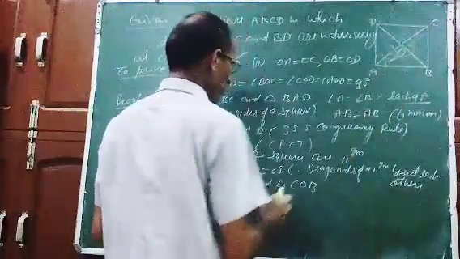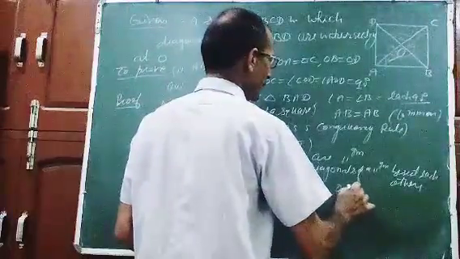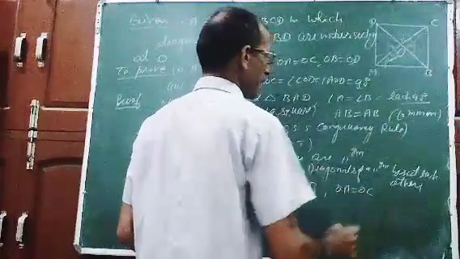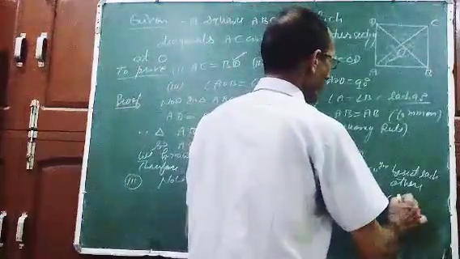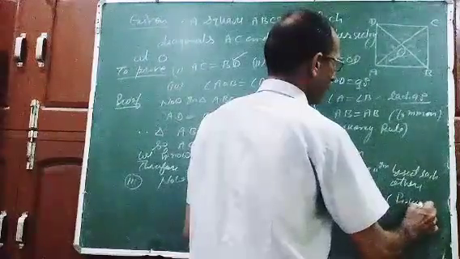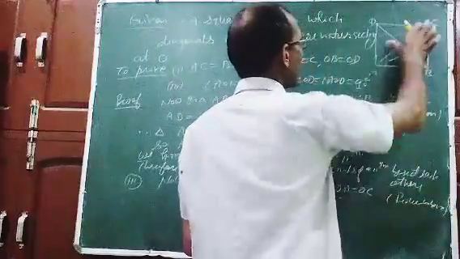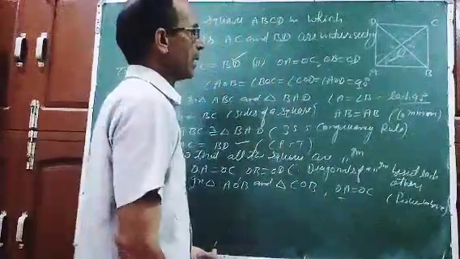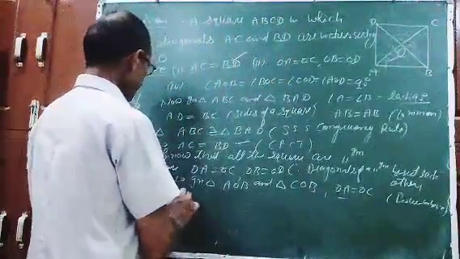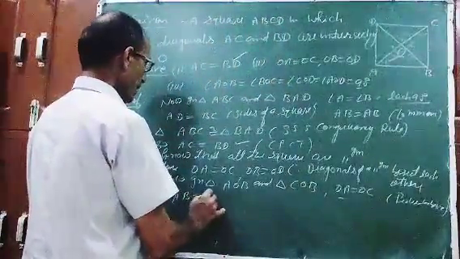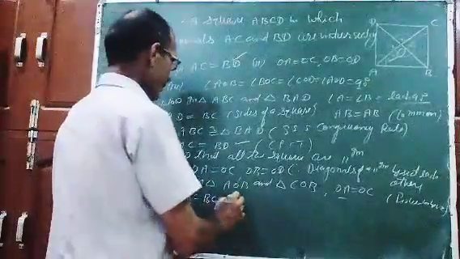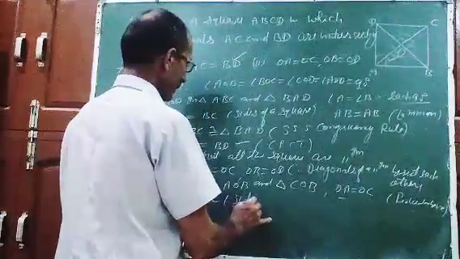OA is equal to OC. I proved OA is equal to OC. So the reason will be proved above, because we just proved OA is equal to OC. AB is equal to BC, sides of a square.